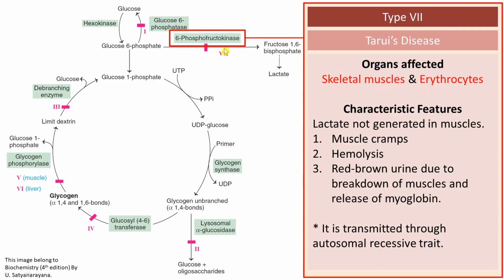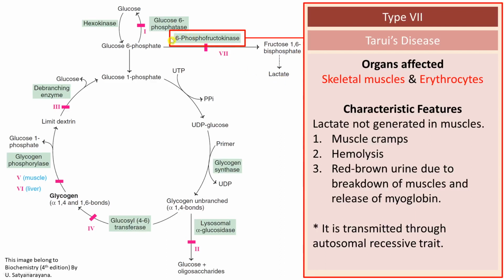Now, this 6-phosphofructokinase helps to convert fructose 6-phosphate to fructose 1,6-bisphosphate in case of our glycolysis. This fructose 1,6-bisphosphate later on gets converted into lactate under anaerobic condition. Means the step shown over here, which later on gets converted to lactate, belongs to the glycolysis pathway.